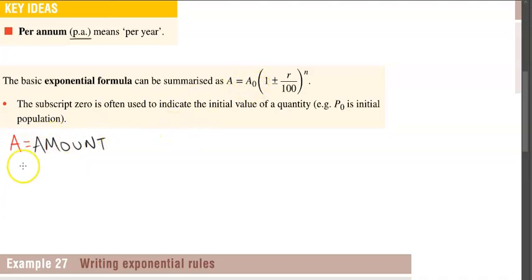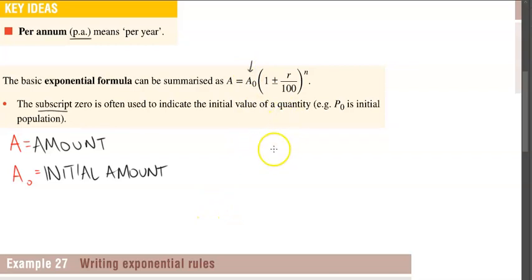Now, the difference between A and A0 is that A0 is the initial amount. And we use the number 0, which is called a subscript, to indicate that if we want to get the amount of something, we need to talk about what the initial amount is.